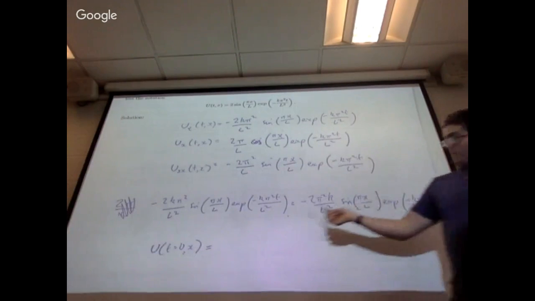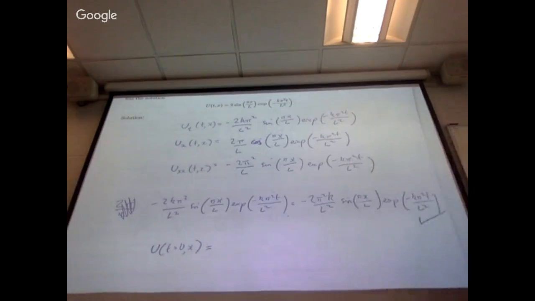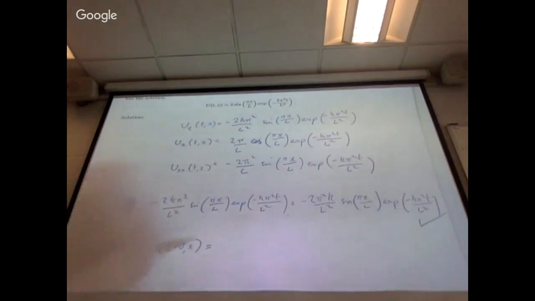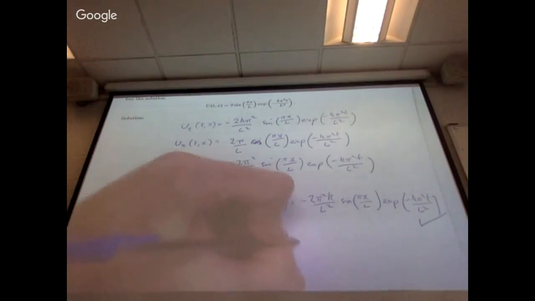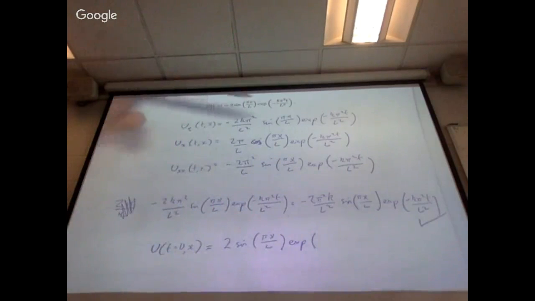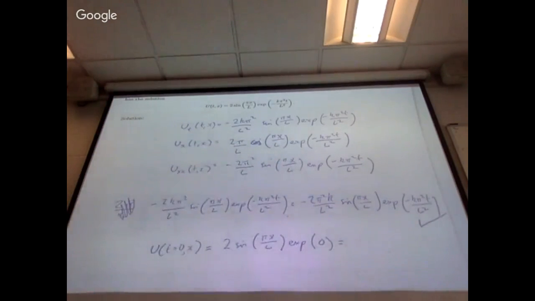Okay, what I'm going to do now is for the initial conditions, I'm going to evaluate this when t is equal to 0. So in this case, we've got 2 times sine pi x over L times the e. Well, if t is 0, all of that is just going to go to 0. You see that? Just all goes to 0. What's e to the 0?